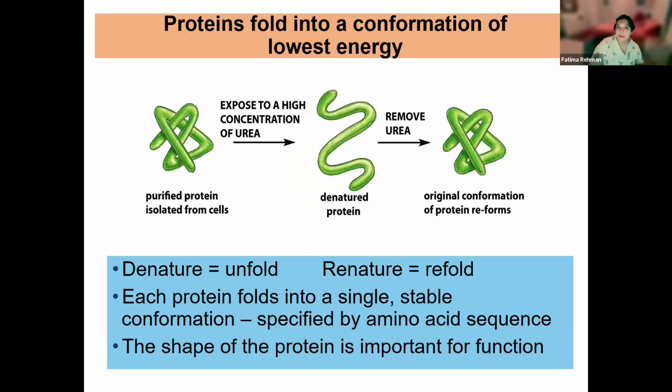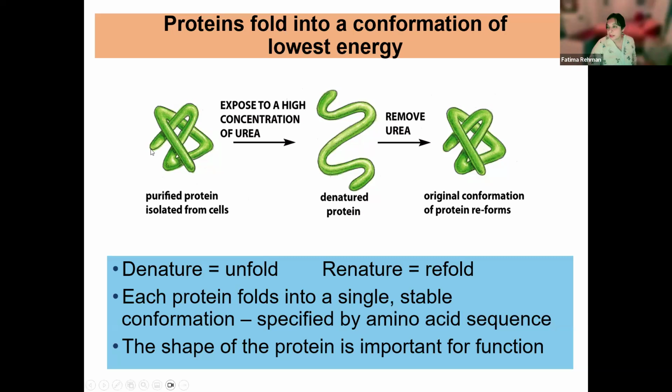What we have found through studies is that if we purify proteins from cells and expose them to a high concentration of salt or urea, they will denature and go into their primary structure. So they'll be just a string of amino acids.